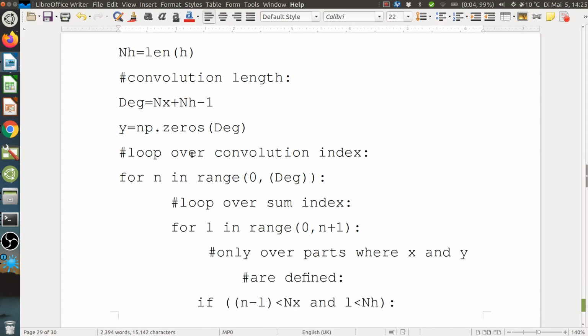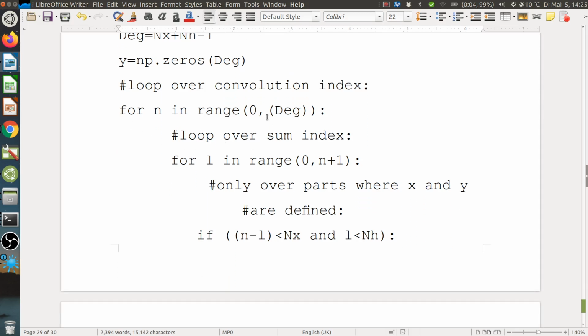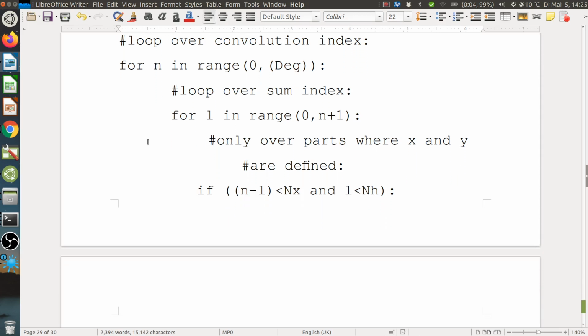So then we can initialize the result y with zeros of the corresponding length, and then we can make a for loop for our sum. So here this n is our outer sum index, and then here we have an inner sum index L. So the outer sum goes over the result index range from 0 to the length minus 1 basically. Then this inner index goes over the arguments, and those arguments can have different length.